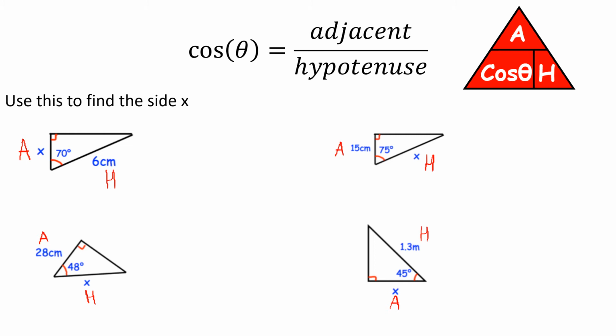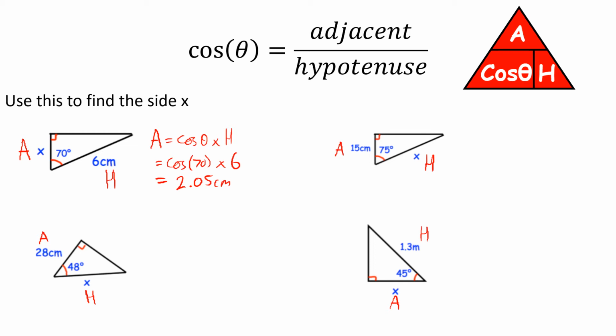We want to find the adjacent on our first one, and according to our triangle that means we need to do cos theta times the hypotenuse. So we're going to do cos of 70 times 6, and we should get out of that 2.05 centimeters, smaller than 6, so we know we've done it right.